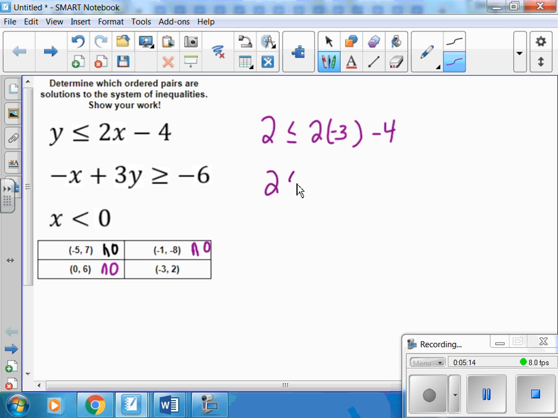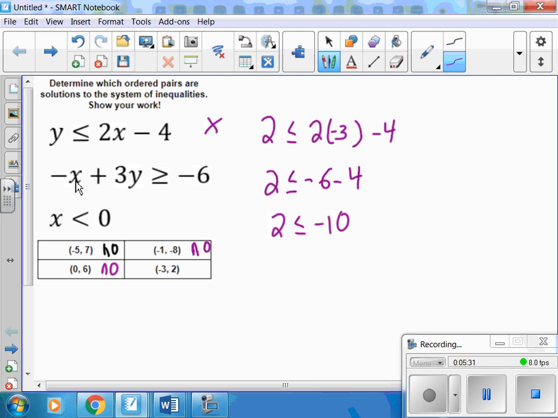So you have 2 less than or equal to negative 6 minus 4. And you have 2 less than or equal to negative 10. And 2 is not less than negative 10, so it doesn't work here.